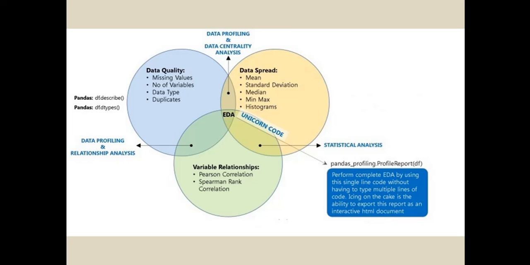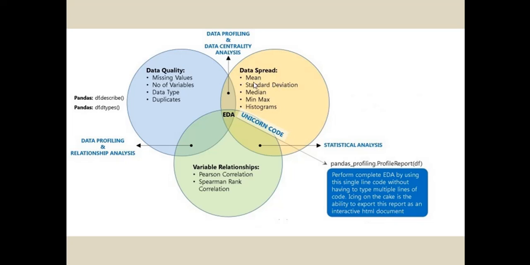Okay. So once you have imported the data, you'll be checking the data quality. So you look at the number of missing values in the data set, the number of variables, the data type of each and every variable, the number of duplicates in the data, and you'll be writing several lines of code to perform all these operations. Similarly, you will also look at the summary statistics of the data.